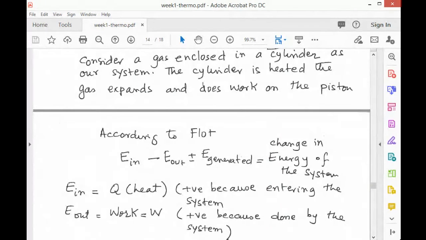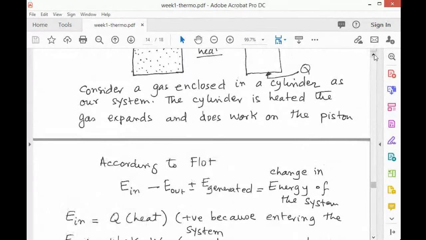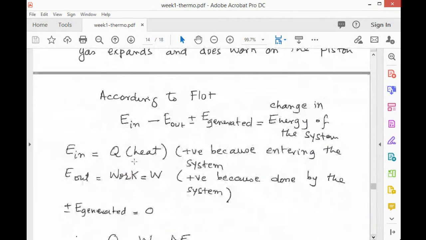So what is energy in our case here? Energy in is positive, as I told you. We supply the heat and it is positive because heat is given to the system, and energy out is work, because this is work done by the system according to our sign.